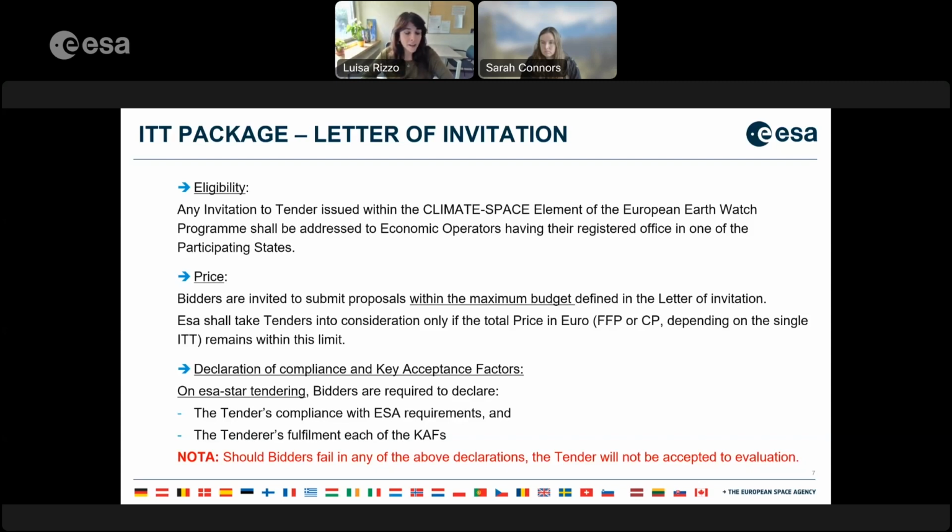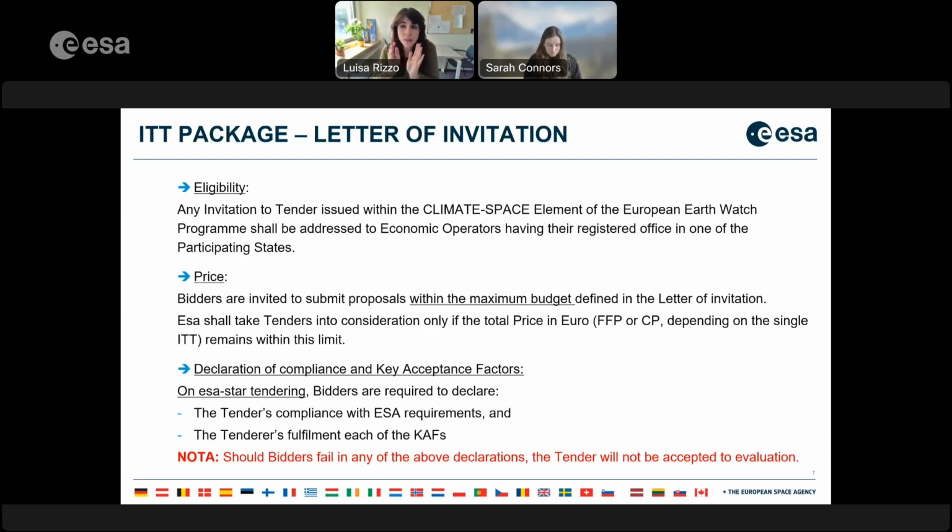CAF, are very important to ESA, because when we open the proposal at the so-called tender opening board, we need to make sure that each proposal meets the CAF. If we see a discrepancy between the proposal and one of the key acceptance factors, which commonly are compliance with price type, so we are back to the price point, or compliance with the maximum budget, as already said before.